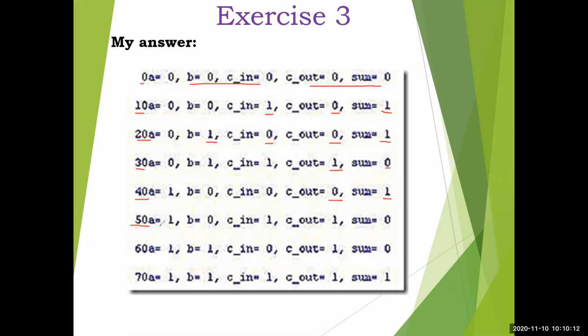Next at 50, the 1 0 1 combination will come, again sum is 0 and carry is produced here. Next 1 1 0, two ones are there, that's why again sum is 0 and carry is 1. And finally you have the 1 1 1 combination, so for that sum is 1 and cout is also 1.